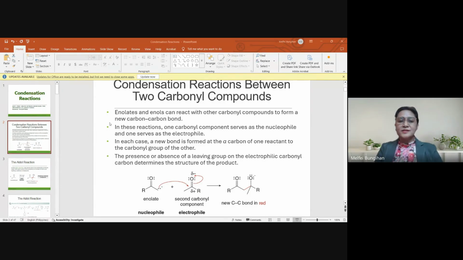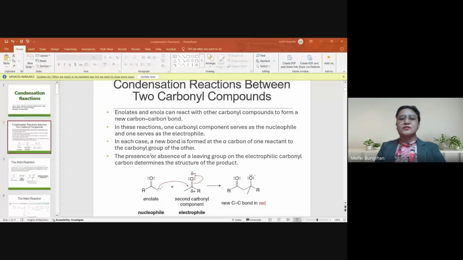Of course, the base could be sodium hydroxide or any base at all that can take the acidic alpha proton from your carbonyl compound, so your aldehyde or your ketone. And then it will give you a resonance-stabilized enolate. So this is your enolate. We have your keto-enol tautomers here.